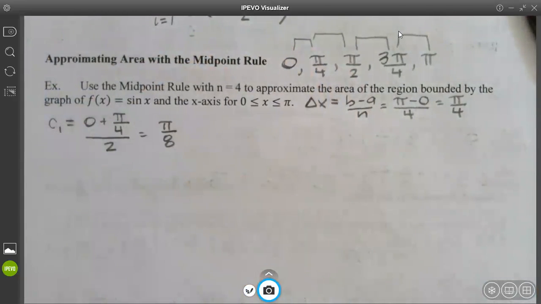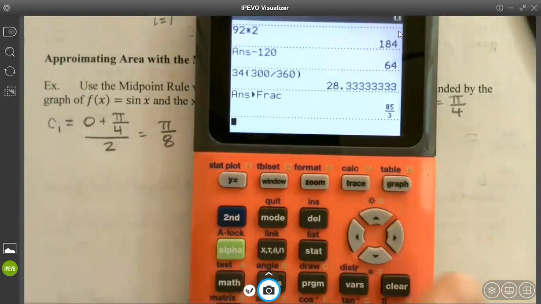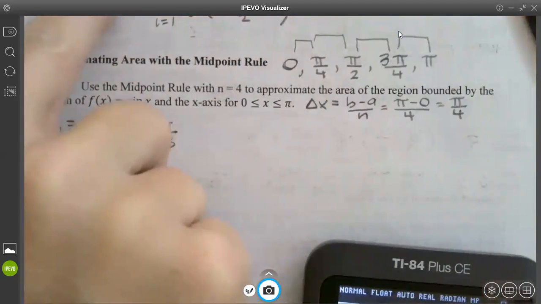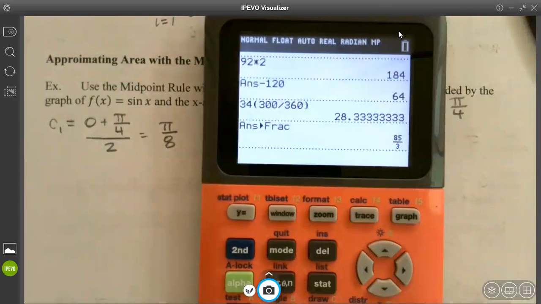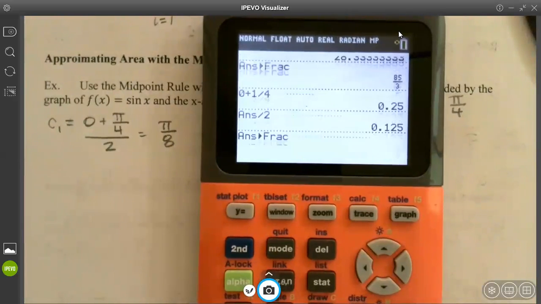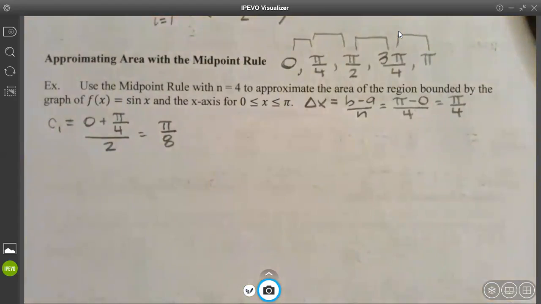Before anybody asks, how did I get that? This is the left and the right endpoints. That's what that represents. So 0 plus 1/4 divided by 2. Math, enter, gives me 1/8. Keep it in terms of pi. So very good. That's where I got pi over 8.